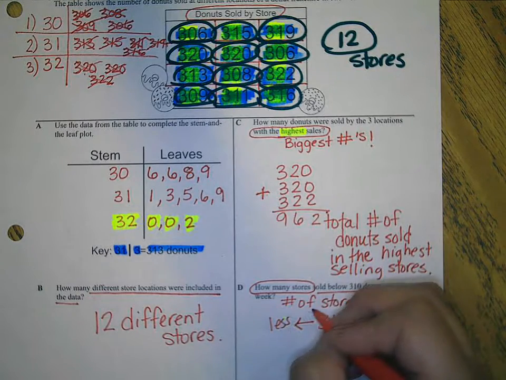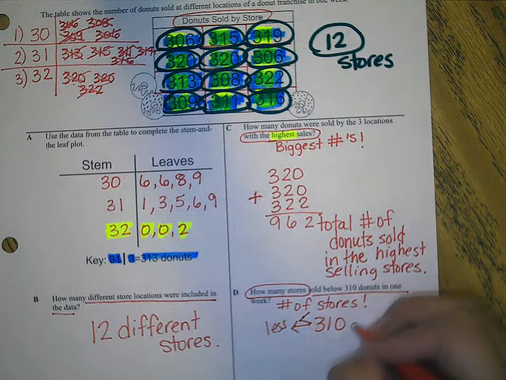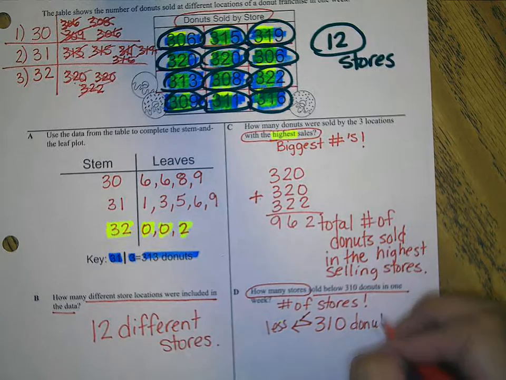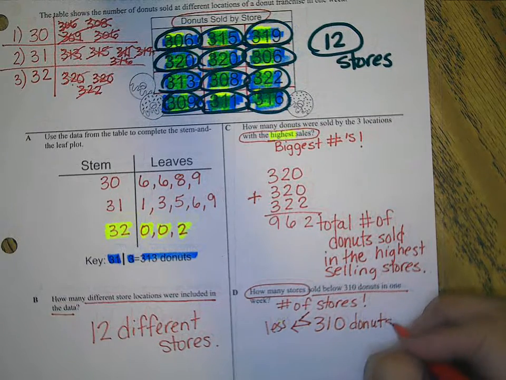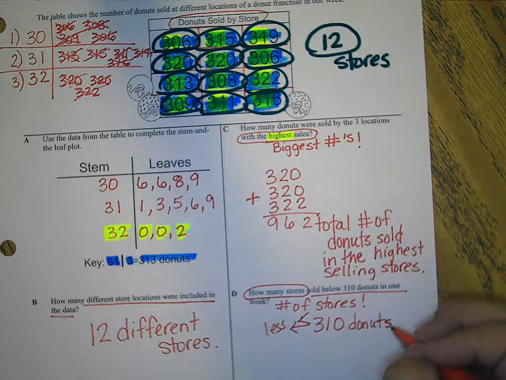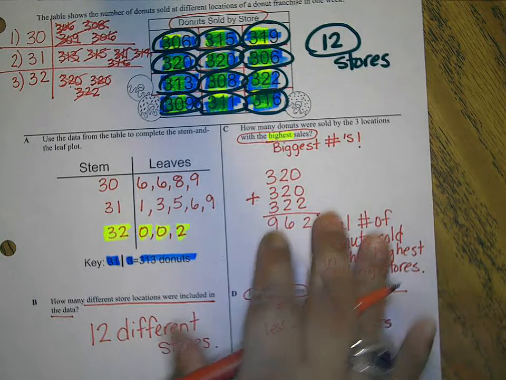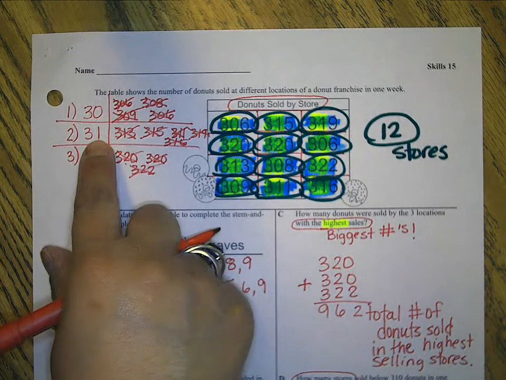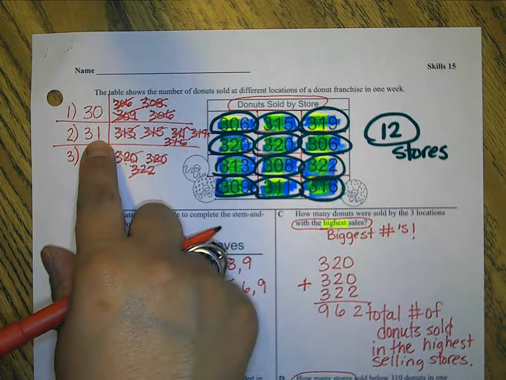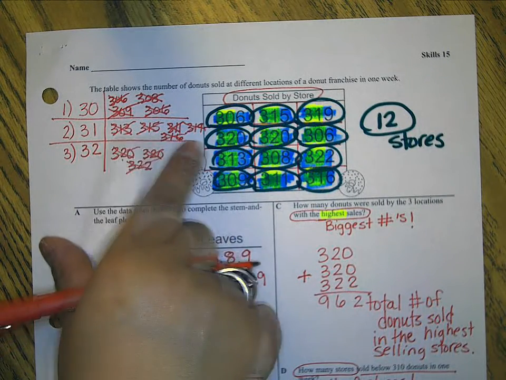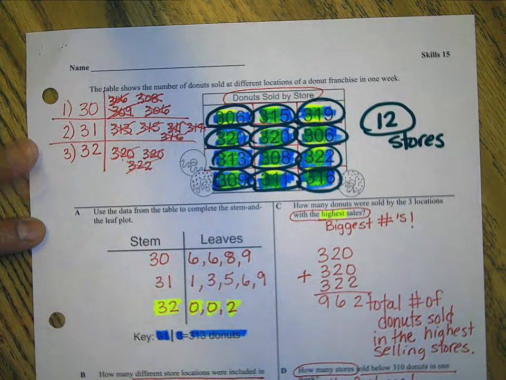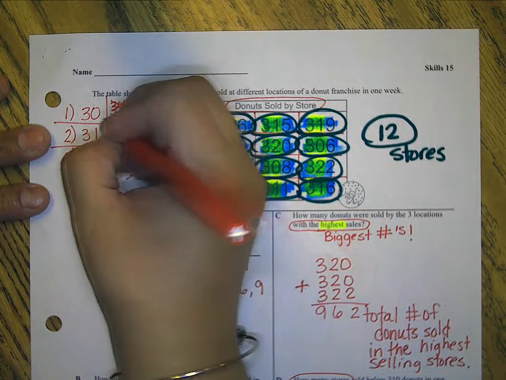In other words, less than 310 donuts. How many stores sold below 310 donuts? So now I'm coming back here. Here's my 31. All of these sold more than 310, right? Yes. So my ones that sold below would be which ones?